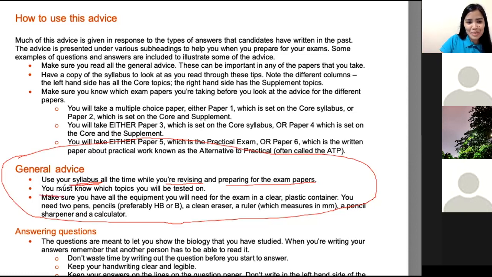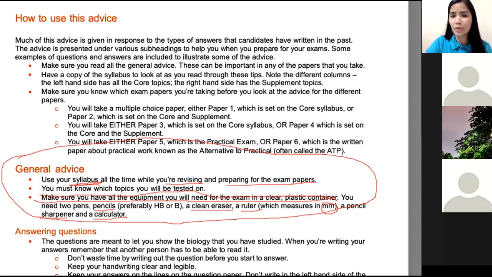One, guys, because you will not be having face to face, this is not needed, okay? But you will still use pencils, a clean eraser, and a ruler which measures in millimeters. Again, a calculator is very important. A sharpener, you might need that when you do IGCSE, because for paper 2 we will do written test exams.